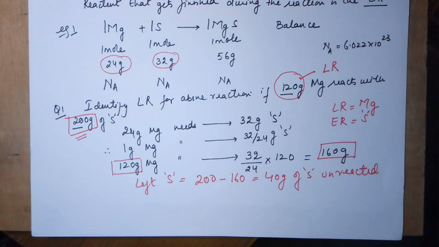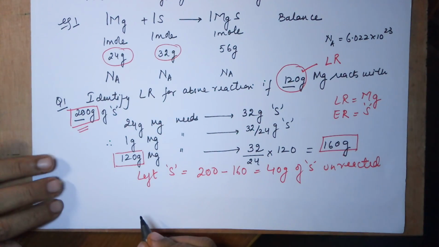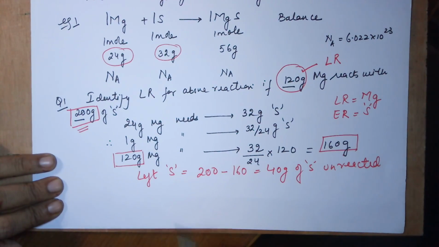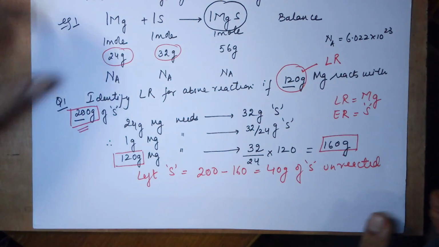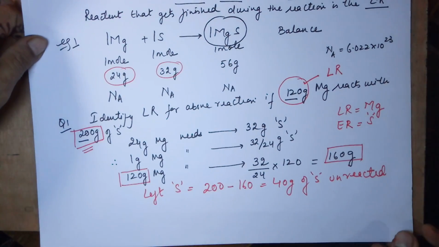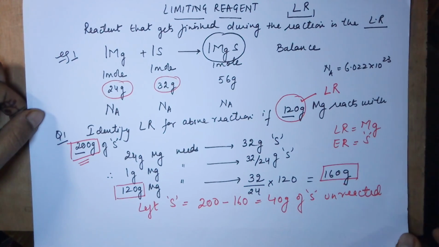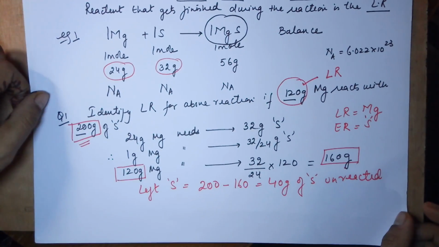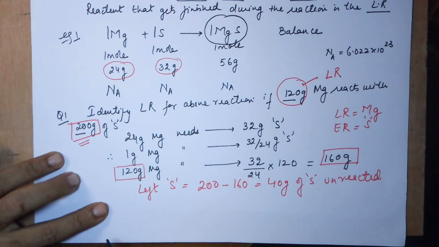Lastly, we can also calculate the amount of magnesium sulfide. On the basis of law of conservation of mass, the total amount of reactants reacting will give you the total amount of products. Since in this case, you have got only one product formation, that is MgS. So the amount of MgS formed would be equivalent to the reactions where magnesium and sulfur are combining in the amounts.